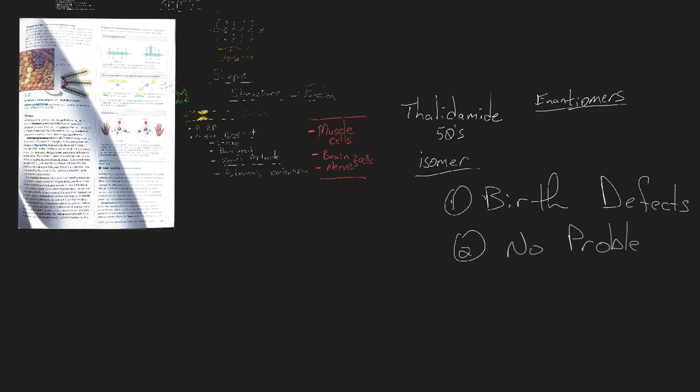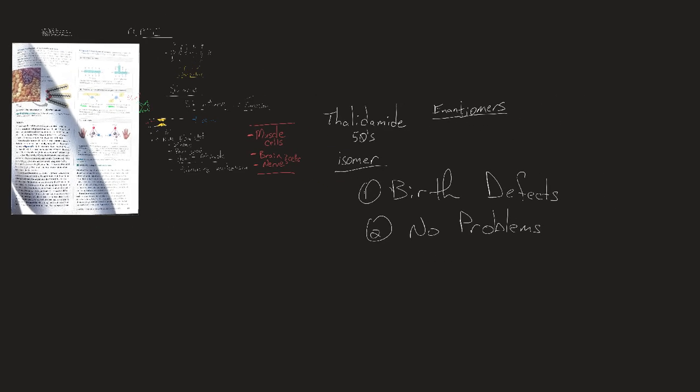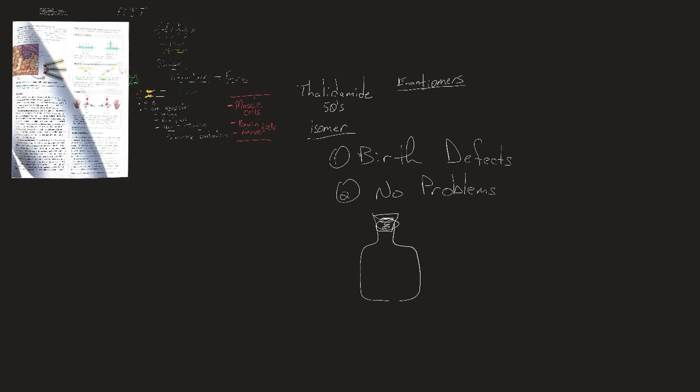And what was really interesting is that even if they made a bottle of the safe enantiomer, by itself, the molecule would flip. This thalidomide would flip and turn, half of it would turn to the other enantiomer.